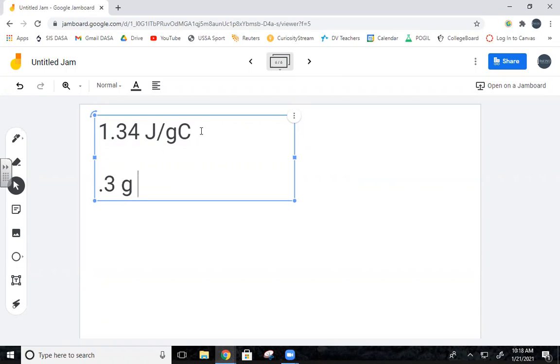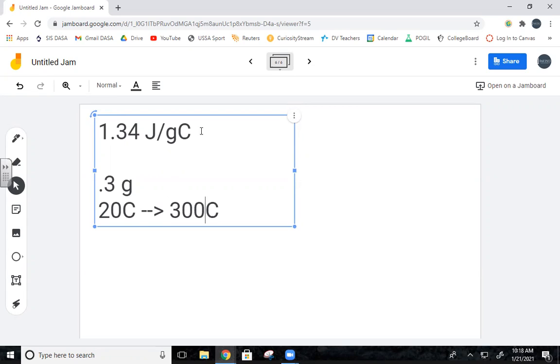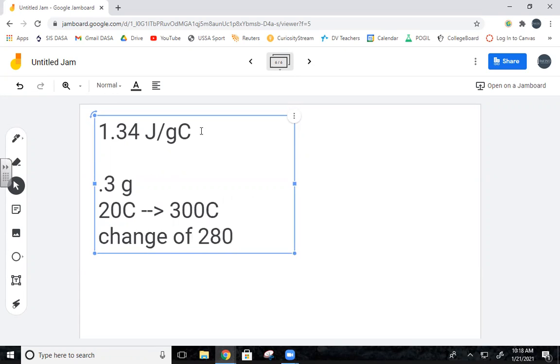And in order to get it to ignite, we probably need it to get to, so we'll do room temperature again, so 20 degrees C. And we need to get it to 300 degrees C, which is a change of 280 C. Okay?